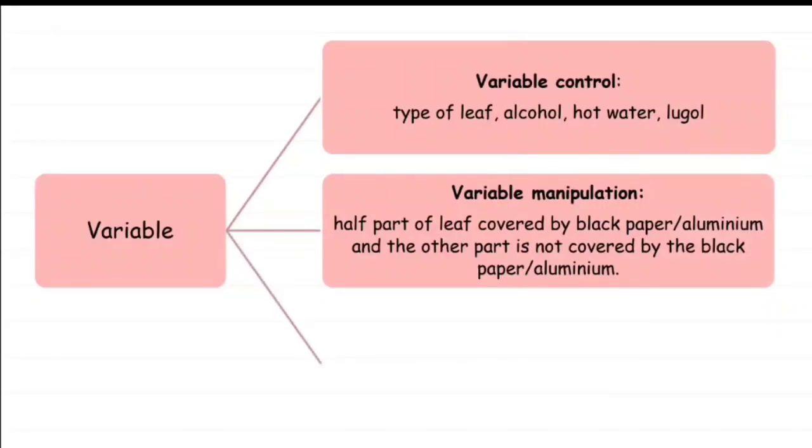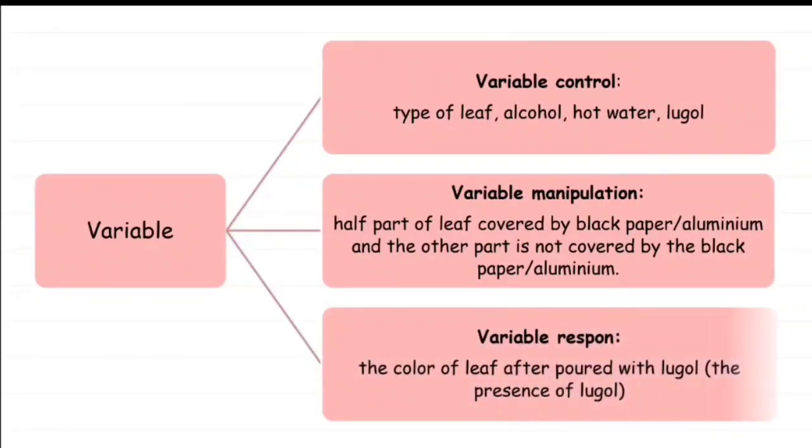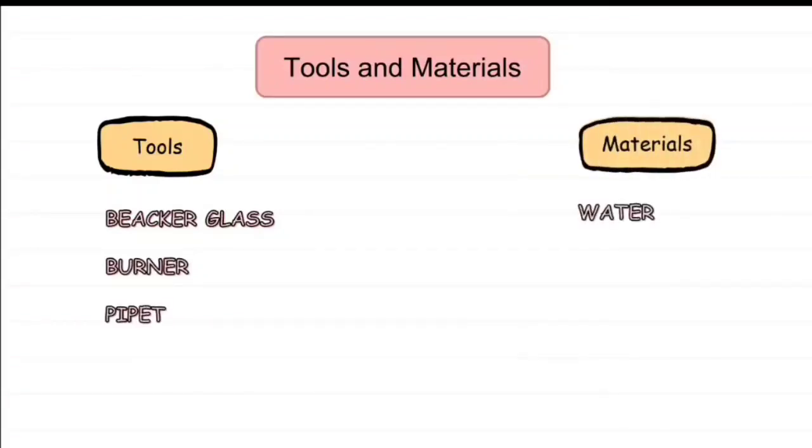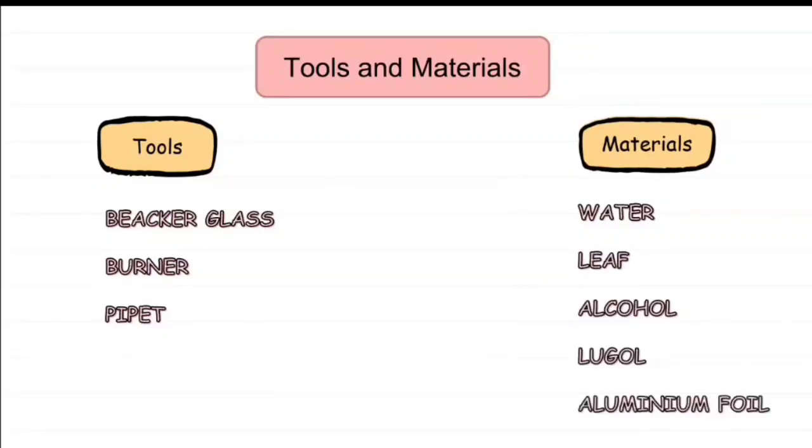And the last, the response variable: the color of the leaf after being poured with Lugol, or the presence of starch. And then the tools and materials. First, the tools are beaker glass, burner, and pipette, and the materials are water, leaf, alcohol, Lugol, and aluminium foil.